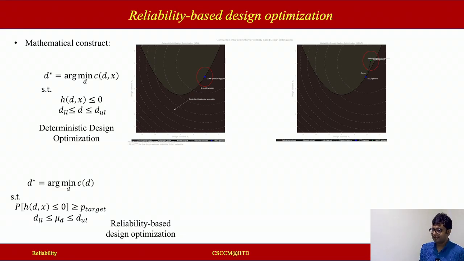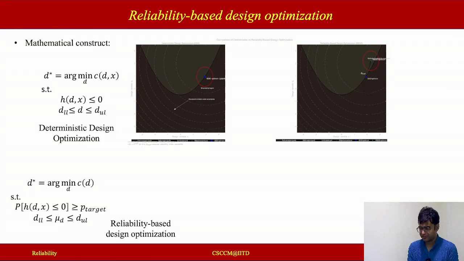So the idea is I want to minimize my overall cost of production, while ensuring that my system is safe with certain probability, or it will fail with a very low probability. That is the whole idea of reliability based design optimization.